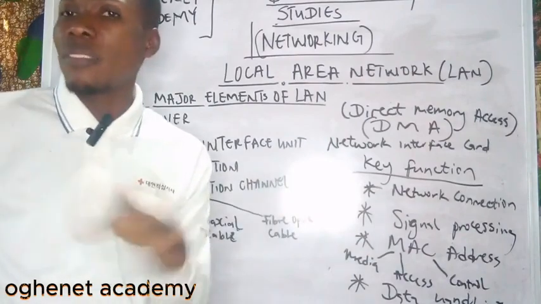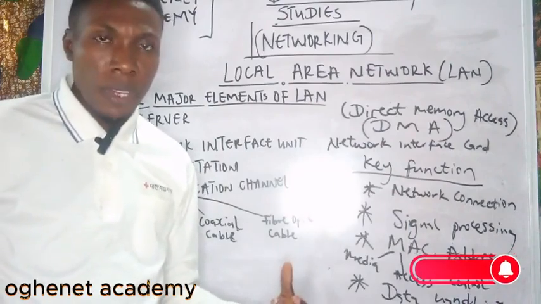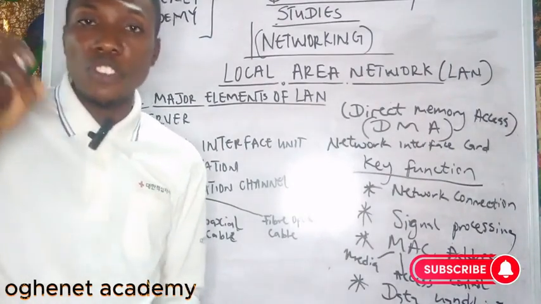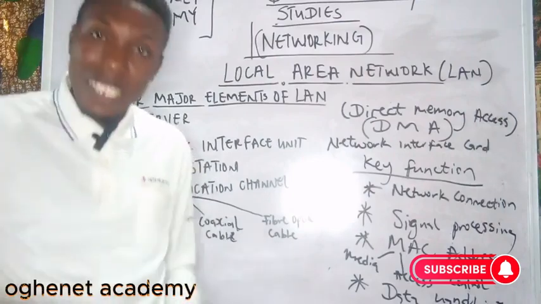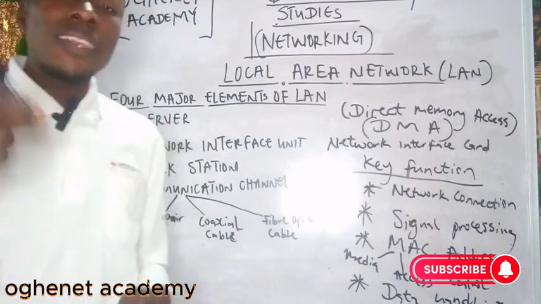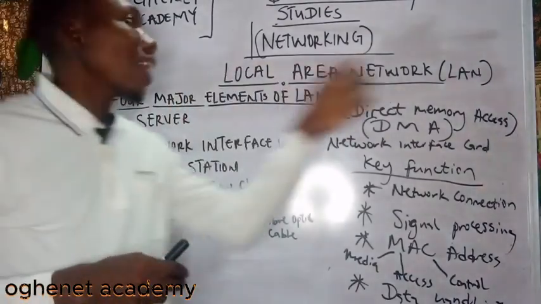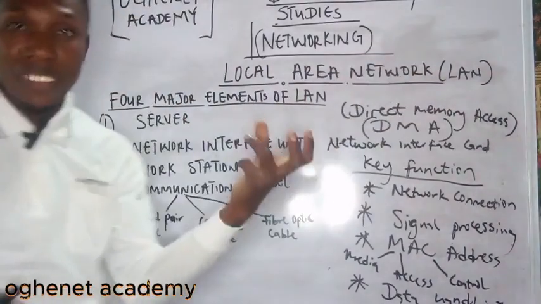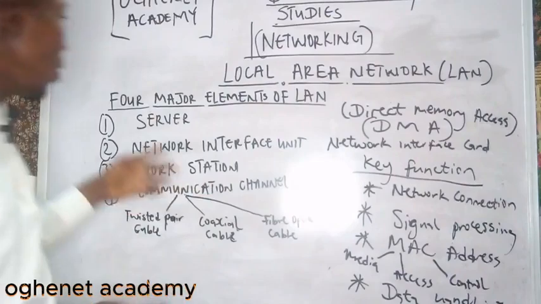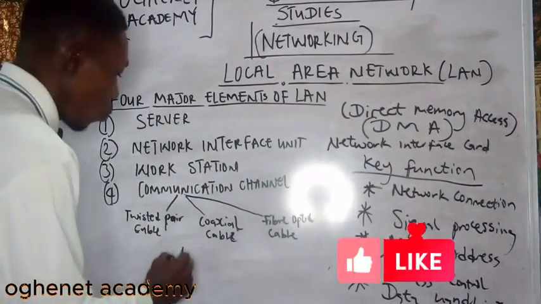Now, these are the key functions of the network interface unit. Now we're going to look at some examples of the network interface unit. Under these examples, the network interface unit can actually be internal. What do I mean by internal? Remember I said that in the context of the local area network, the network interface unit can be a network interface card, otherwise called NIC.